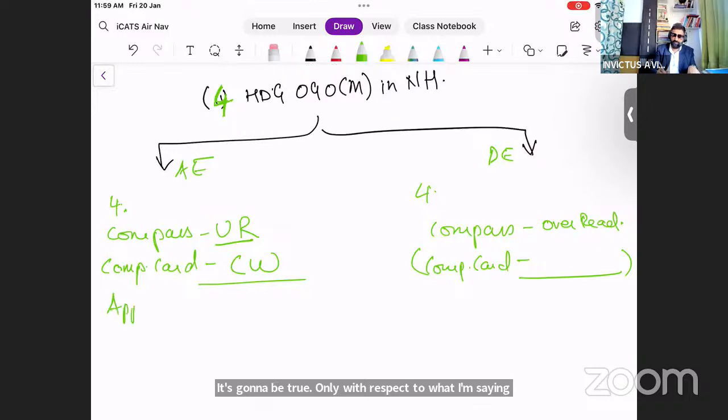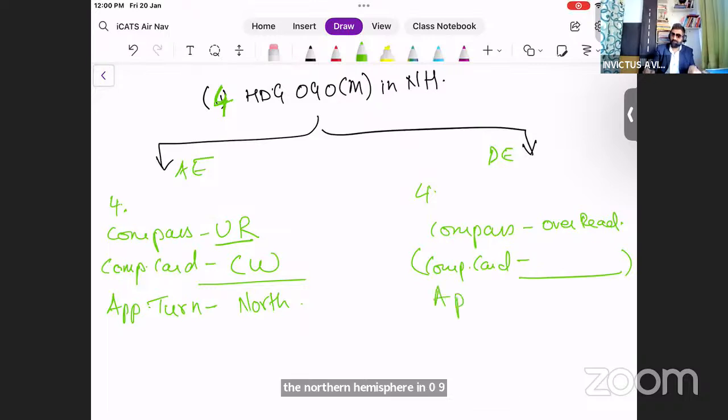Third point, apparent turn. Where would the apparent turn be? Apparent turn, you would say north for the acceleration error in the northern hemisphere at 090, and for deceleration error, apparent turn south.